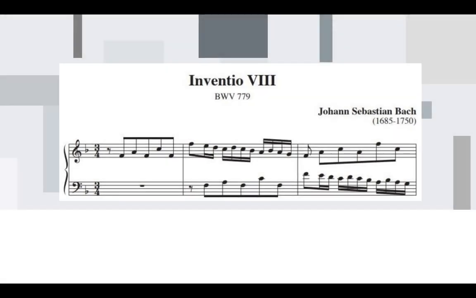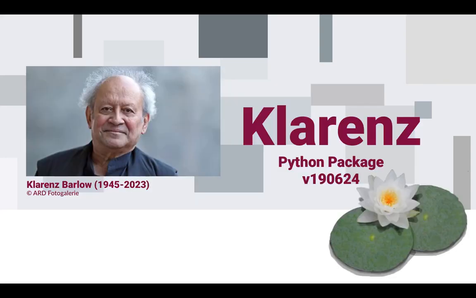The next Python package I would like to introduce briefly before diving into the main part of my talk is the Clarence package. The Clarence package, which is named after one of the pioneers of computer-aided algorithmic composition in Europe, Clarence Barlow, simplifies and Pythonizes the creation of LilyPond score files.